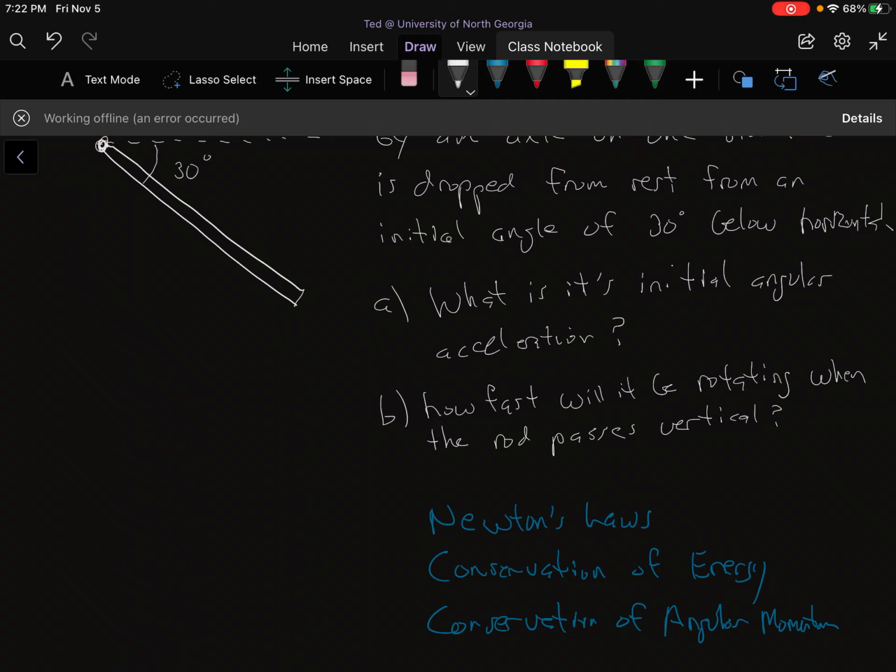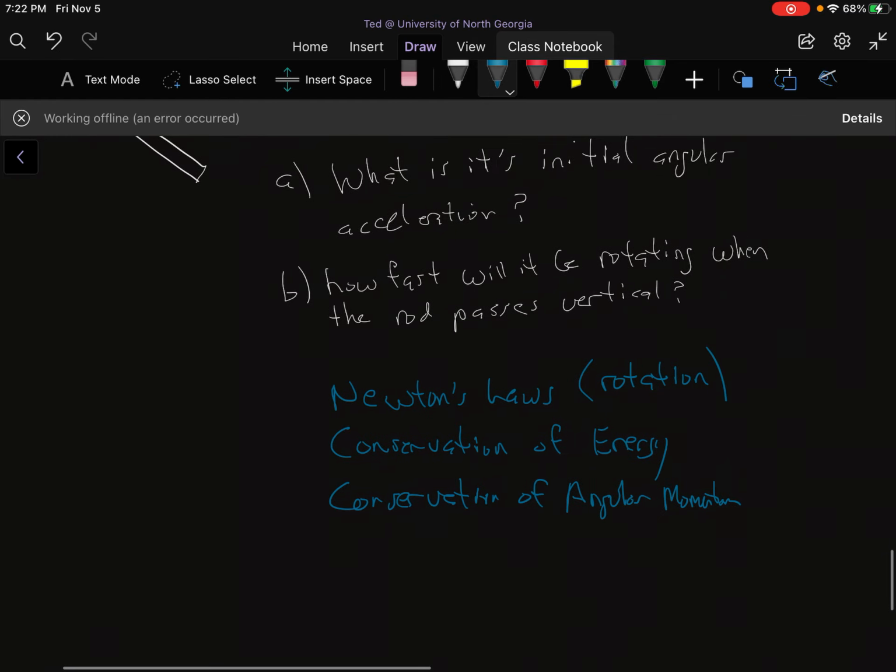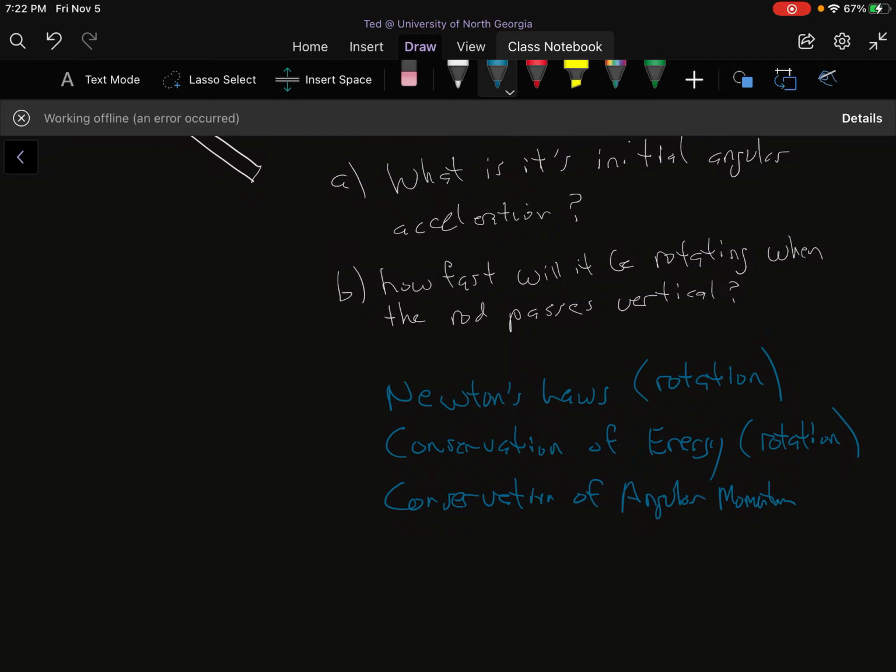We can use Newton's laws, where we are adding some extra stuff for rotation. We can use conservation of energy, which again, we're adding some extra stuff for rotation, or we can use conservation of angular momentum.